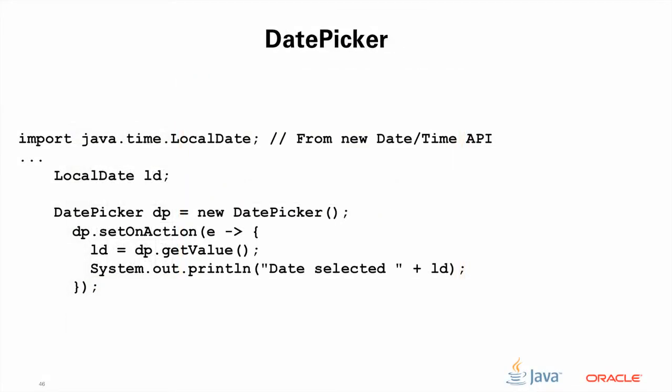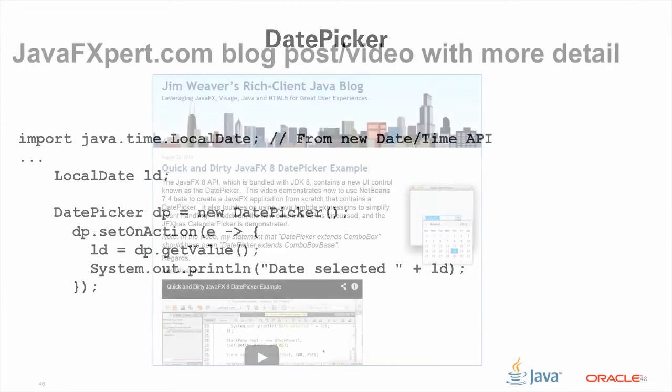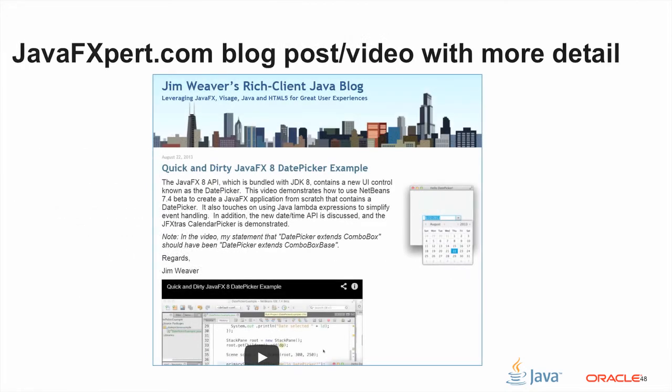Some simple code for that. We create a new instance of a date picker. And then we pass a lambda into the onAction method. And then we use the getValue method of the date picker, and then we store it into a LocalDate, which is part of the new date time API. There's more information about the date picker and some of the other concepts that I just talked about and the date time API on my blog, javafxpert.com.